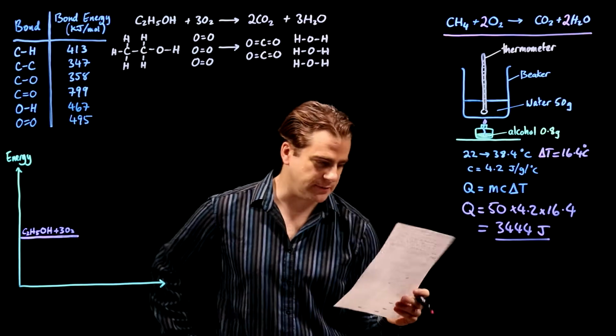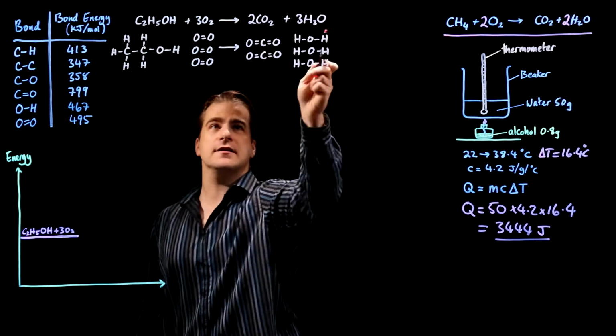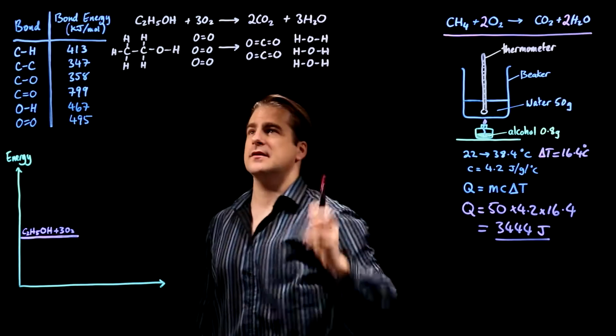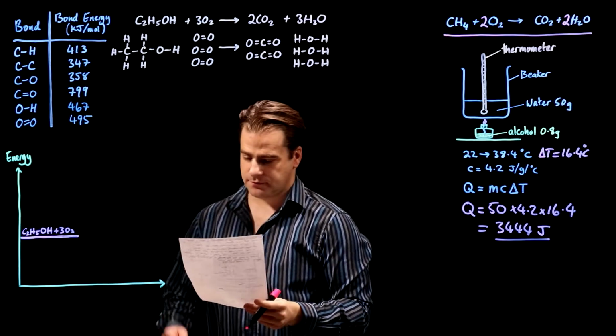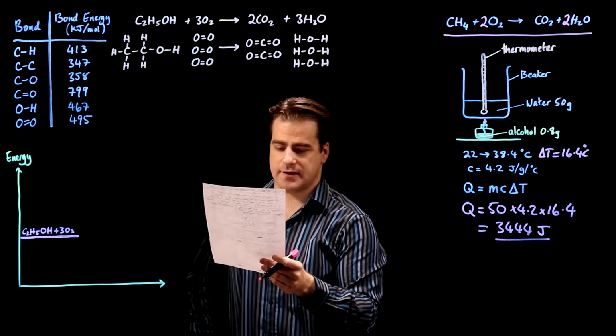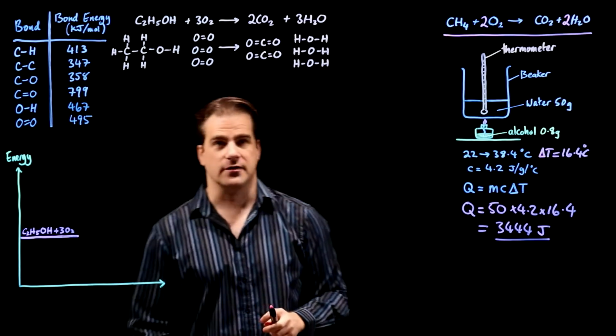Okay, next question. The combustion of ethanol. So, here it is. They've balanced it for us, which is nice of them. What are we going to do? Well, we have to use the bond energies to calculate the overall energy change. Right, so a bond energy question.